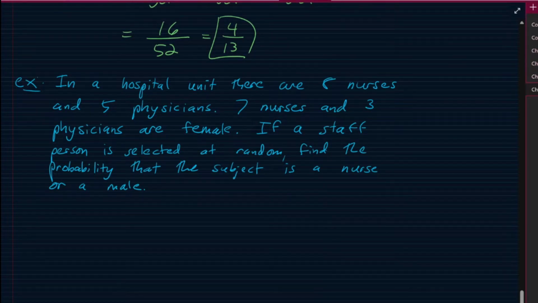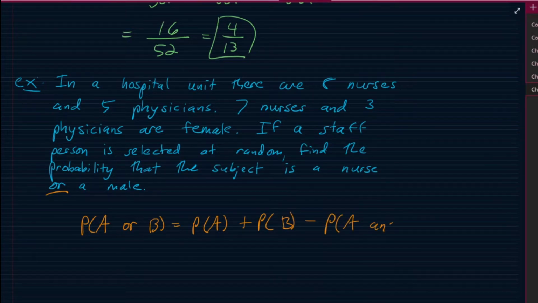Again, we know to use this OR formula because it's saying find the probability that the subject is a nurse or a male. The OR is a keyword to use this additive probability formula. Probability of A or B is equal to probability of A plus probability of B minus probability of A and B at the same time.